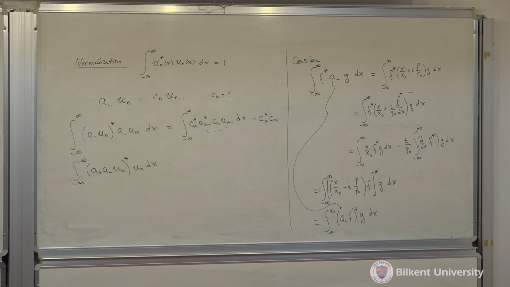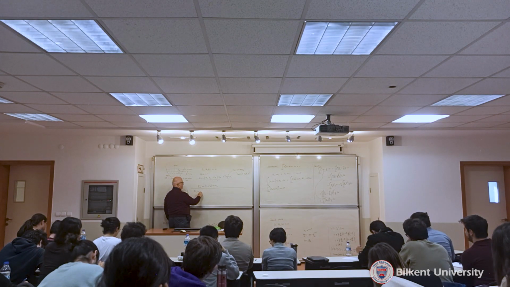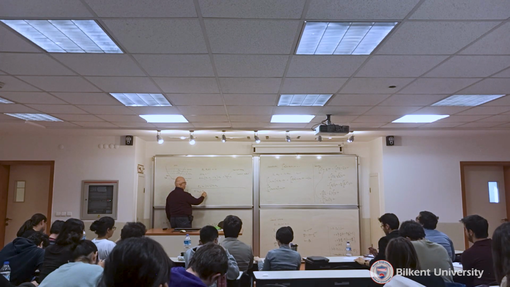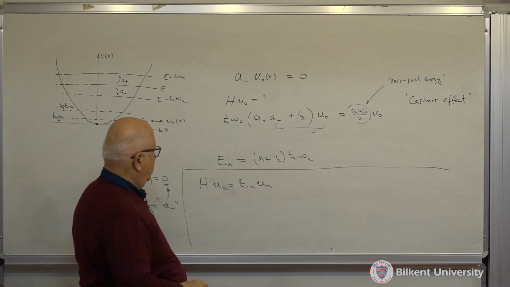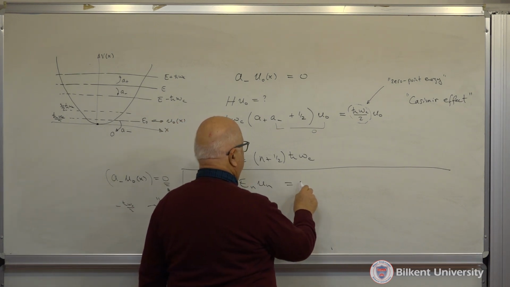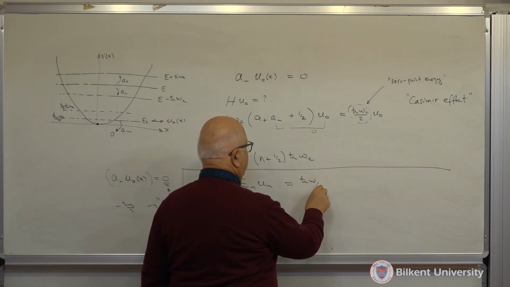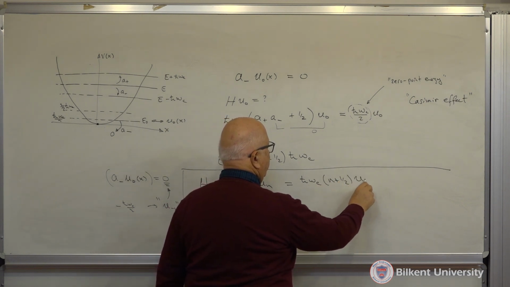Let me just write it like this. H un is equal to en un, which means that I'm going to get h bar omega c, n plus a half, times un.